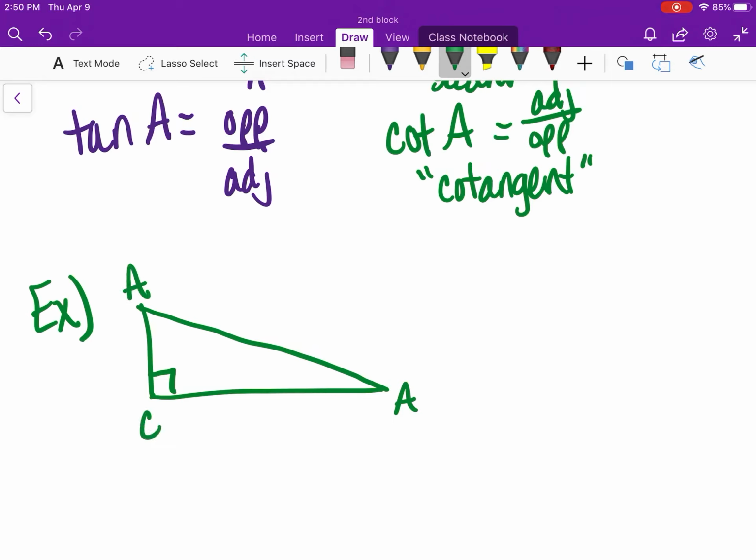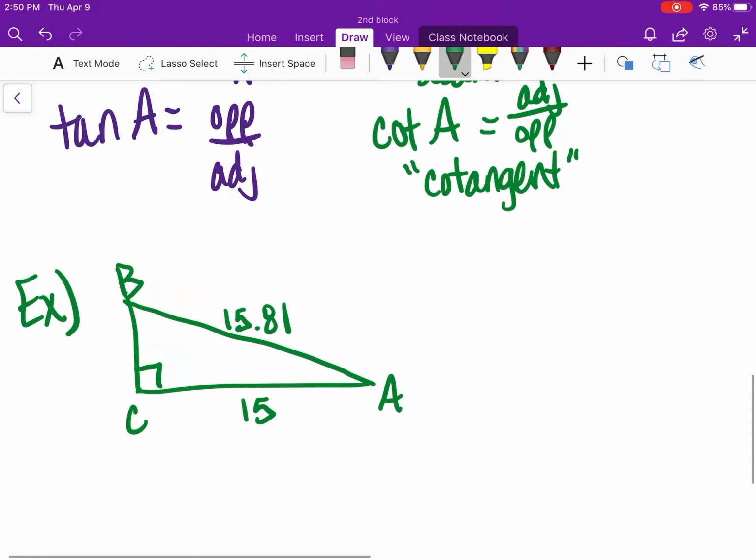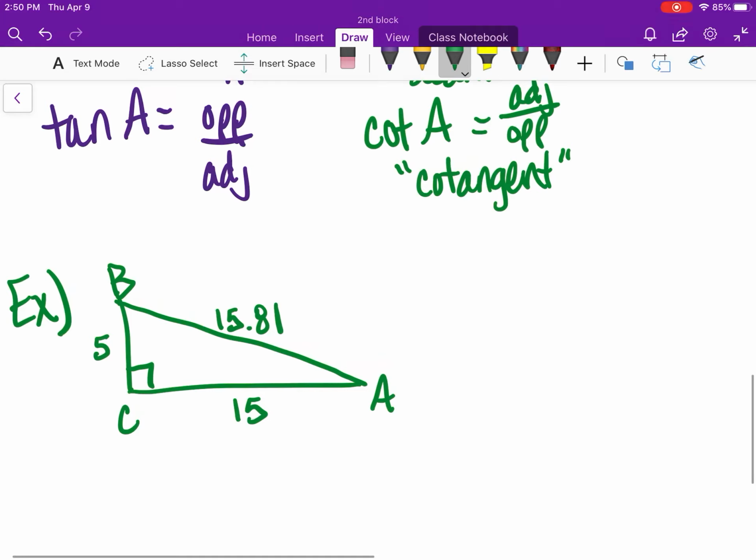For triangle ABC, I think I have those marked wrong. Yeah, that was A and that's B. We know side AB is 15.81, side AC is 15, and side BC is 5. So this was our second example that we looked at yesterday.